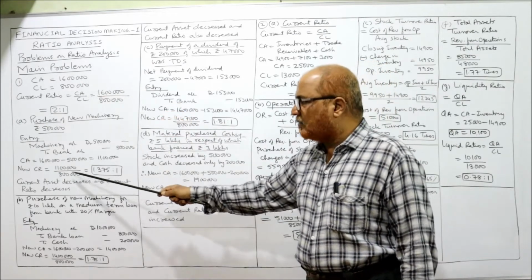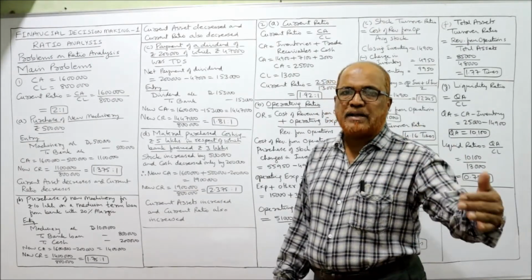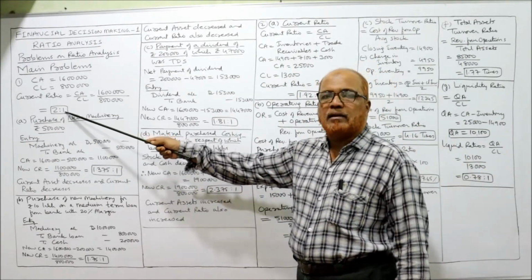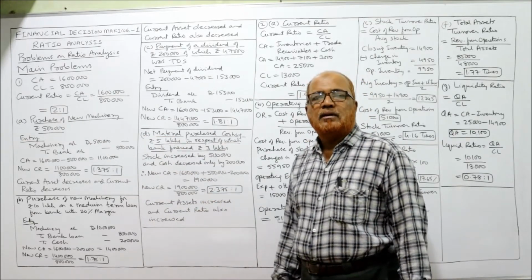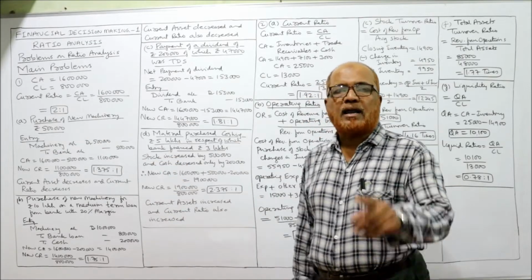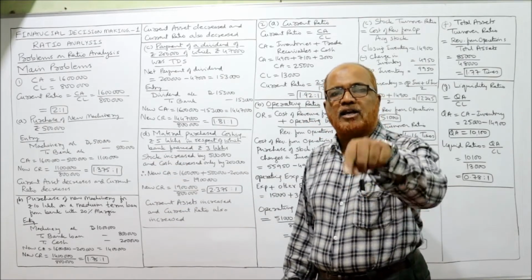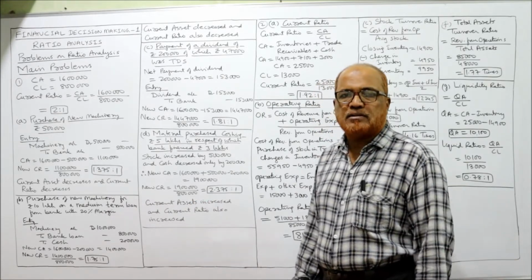So 11 lakh divided by 8 lakh is 1.375. The existing current ratio was 2:1. Now it has become 1.375:1. We can conclude that due to this transaction the current assets have decreased and the current ratio has also decreased. That's it, first point completed.